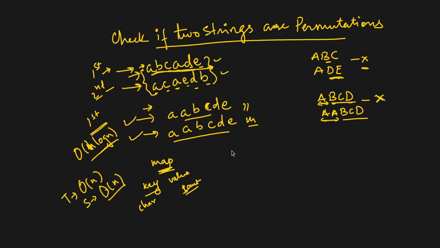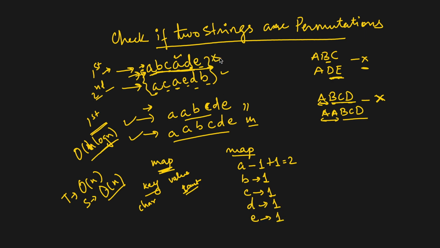Let's iterate the first string. We have a, the count is 1, then b, the count is 1, c, count 1, and then a appears again, so we'll increment the count, so that is 2, and then d, count is 1, and e, the count is 1.